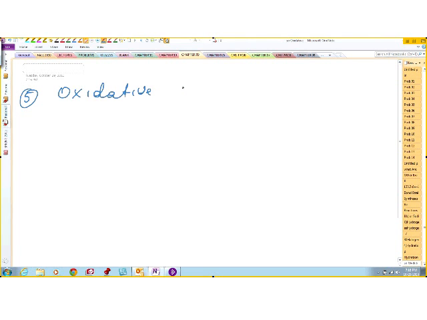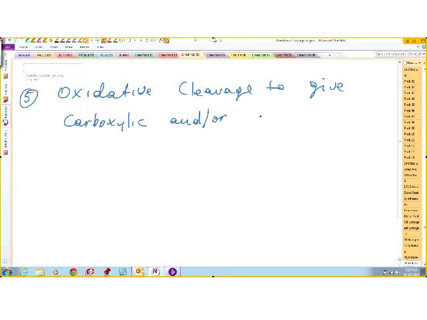Oxidative cleavage to give, this time, carboxylic acid, or carbon dioxide, or both, depending on what you are starting with.